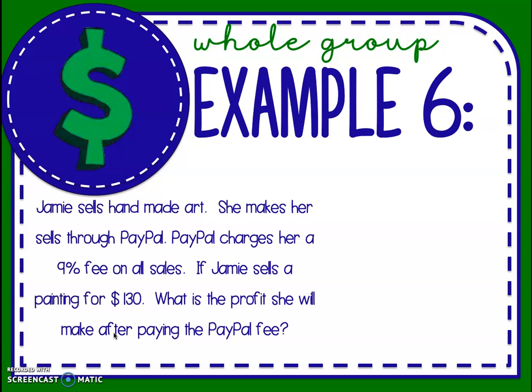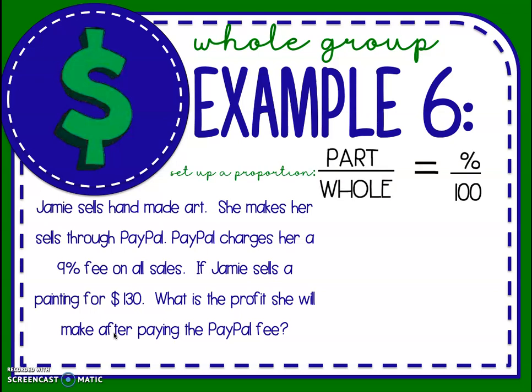First off, we've got to figure out what the percent is. So we're going to set up our percent proportion, and it's a real world problem. We're going to use part over whole and set that equal to a percent over 100. Let's pick out the pieces that we know. We know that she is selling this painting for $130, so that's our whole. We know that our spot down here is always 100 because percent's always out of 100.